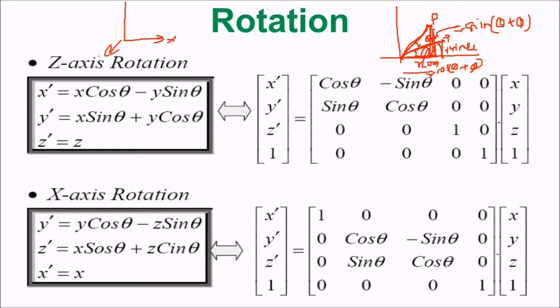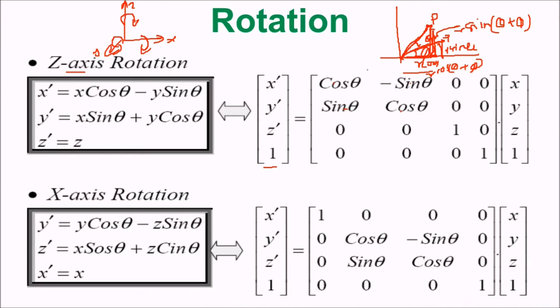If this is x, this is y, this is z, the rotation can be around the x-axis, y-axis, or z-axis. If the rotation is around the z-axis, then the matrix would be cos theta, minus sine theta, sine theta, cos theta.